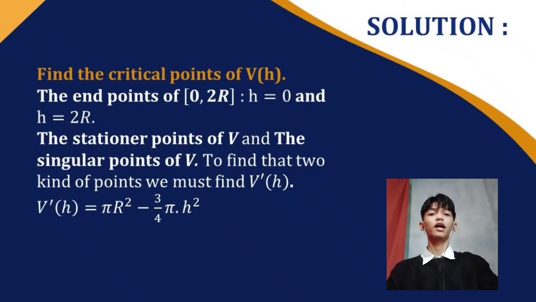To find these two kinds of points, we must find V prime of H. From the function of V before, we get V prime of H equals pi times R capitalized squared minus 3/4 times pi times H squared.